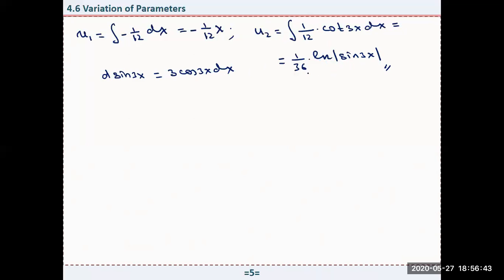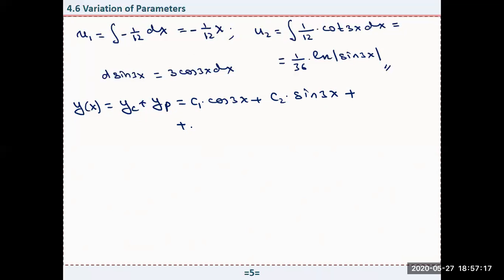Then the general solution of the equation would be, what is it? The general solution of the given differential equation would be the sum of the complementary solution and the particular solution. And we know what this complementary solution is, that is c sub 1 times cosine of 3x plus c sub 2 times sine of 3x, plus, now let's write this particular solution.